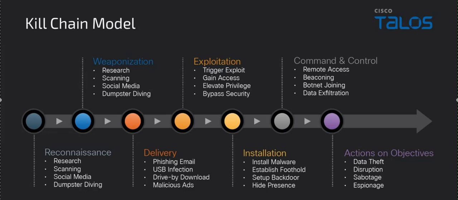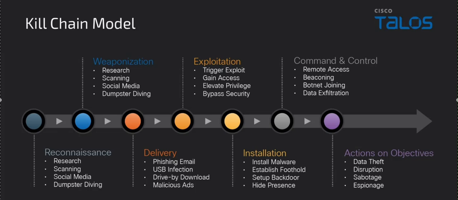The third stage is delivery. It's very important: if you have done the first and second stages of your cyber operation, how do threat actors, or you as a red teamer, deliver the weaponized payload, the weaponized document, the weaponized script to the individual users?